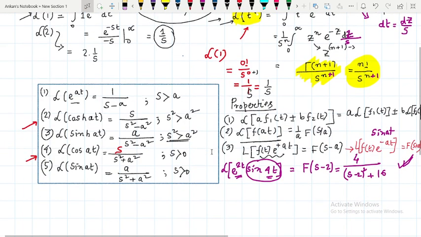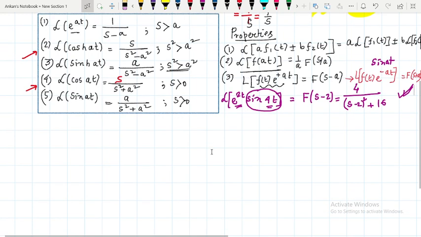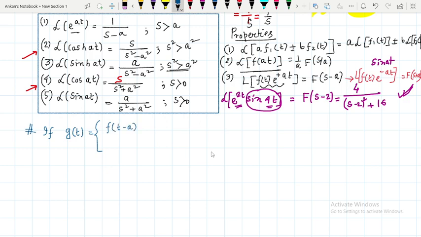Now suppose a function g(t) is given to you in the form f of t minus a for t greater than a, and 0 for 0 less than t less than a, and you have to find the Laplace transformation of g(t).